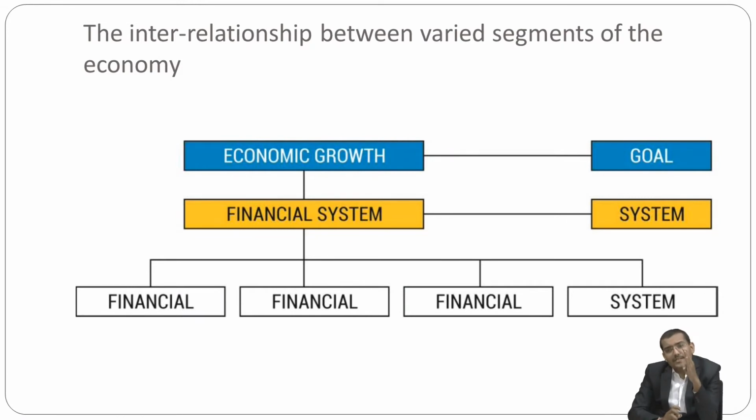So thus we can say that the financial system is adequate and responsible for the economic growth of the country, as well as for a particular business unit also. So this is what, my dear friends, ultimately defines the relationship over there.